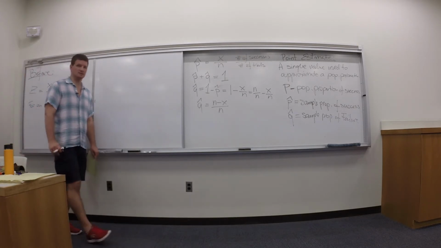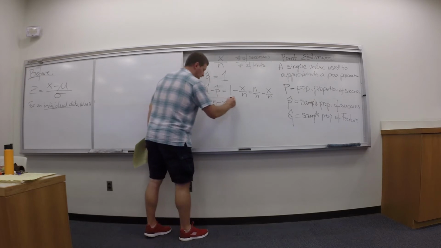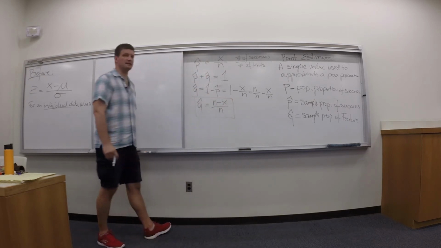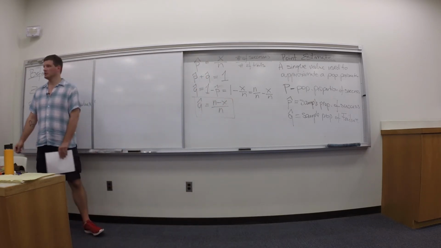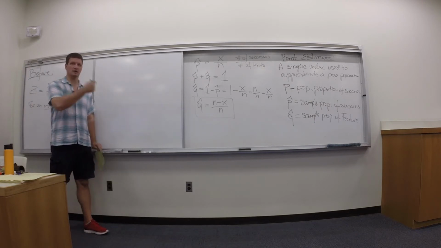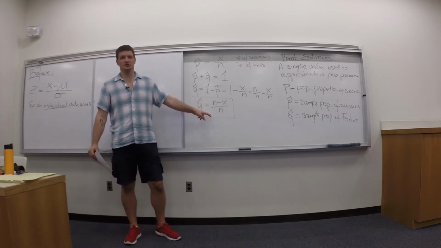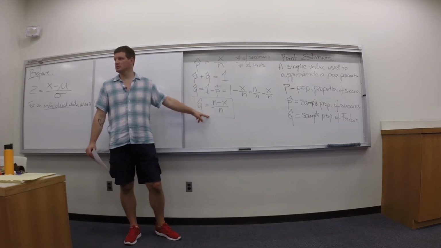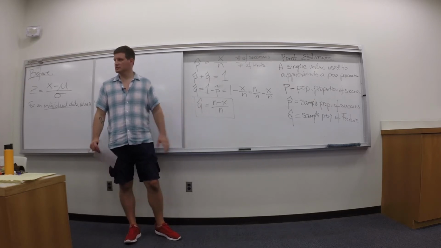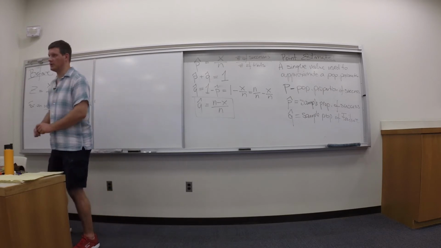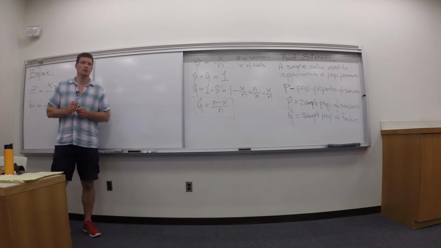So just in case you get a problem which has an x and an n, and you don't want to calculate P hat, you just want to go directly to Q hat, that's useful when you're using a spreadsheet to do those calculations. This is a quick way to plug in a formula that will actually do it for you, right?